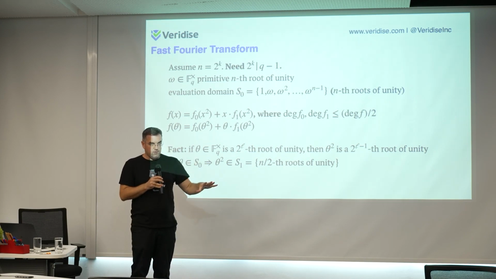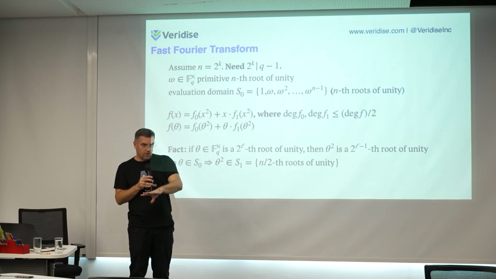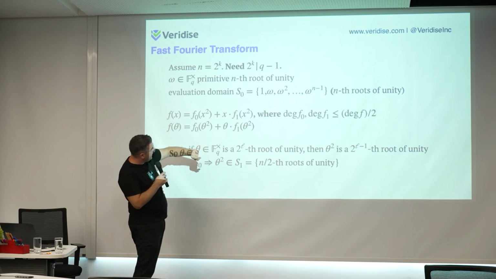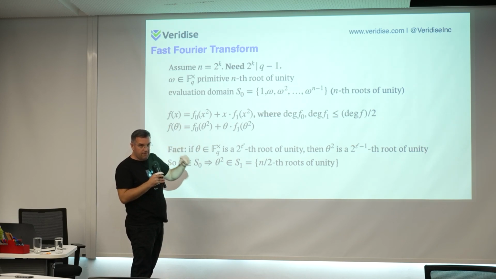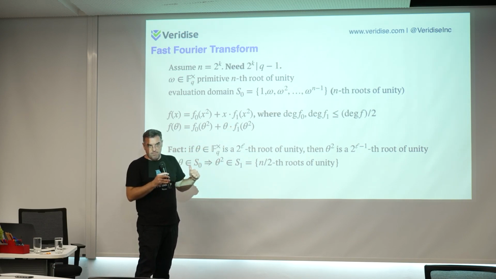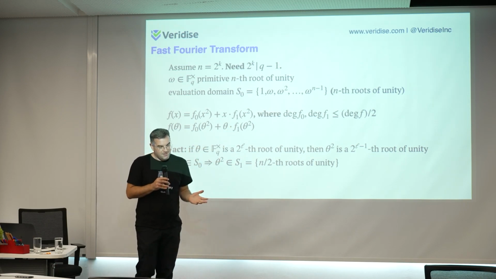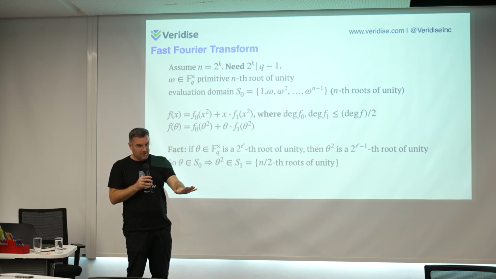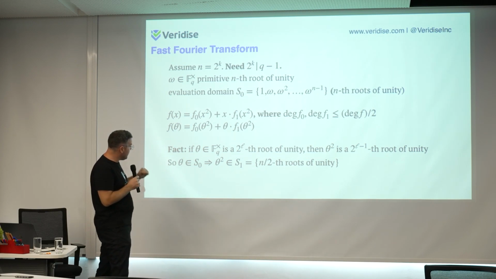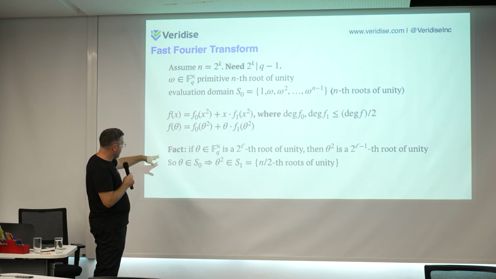If the degree of the polynomial is higher, you have to do more work. What we have done is we have reduced the problem of evaluating a given polynomial of a given degree to the problem of evaluating two polynomials of half the degree. So nothing is gained yet, because rather than evaluating one polynomial of degree n, I evaluate two polynomials of degree n over 2. But you can use the following fact.